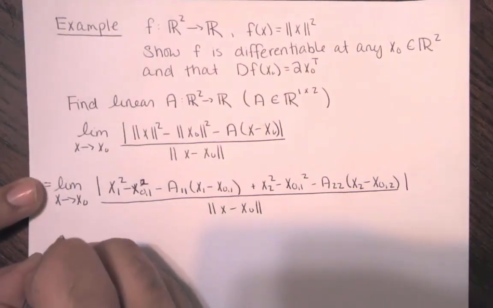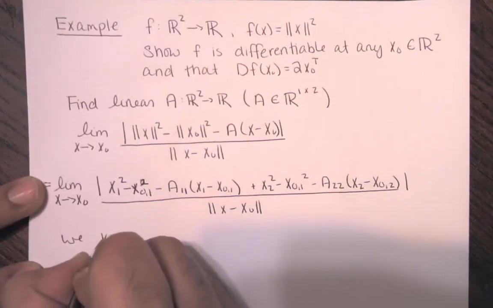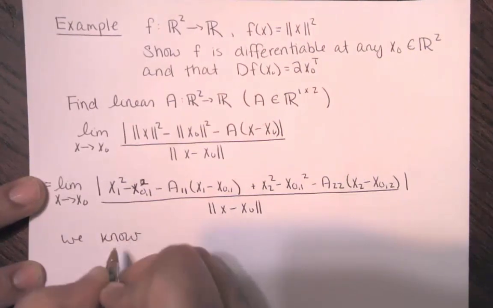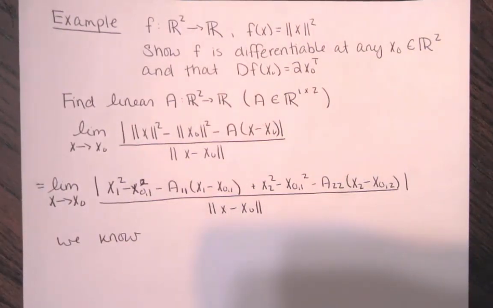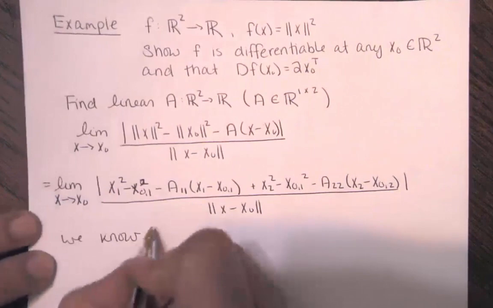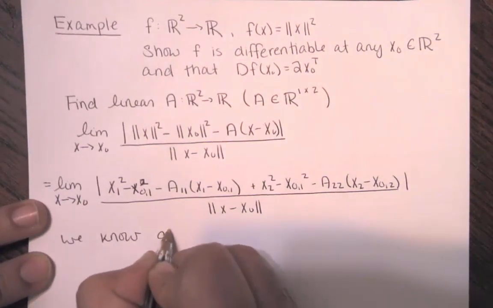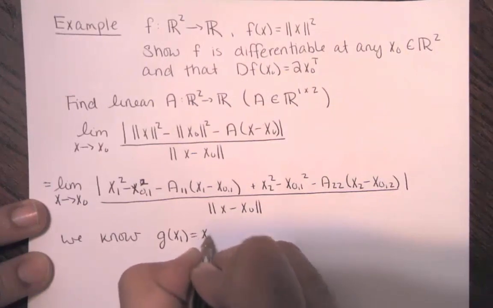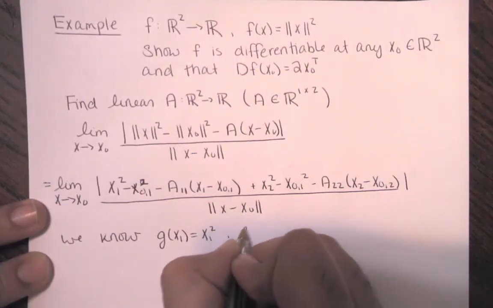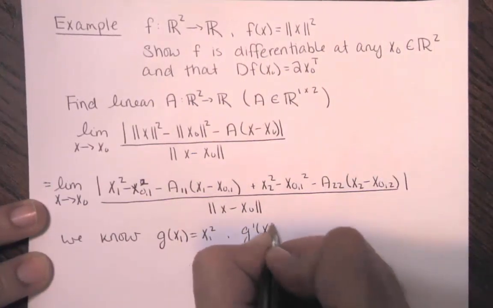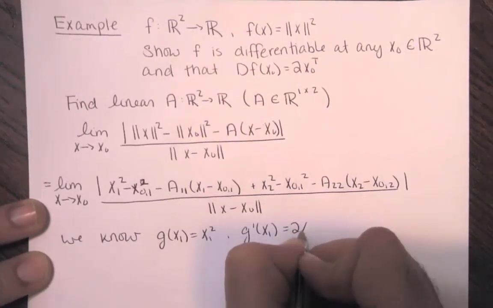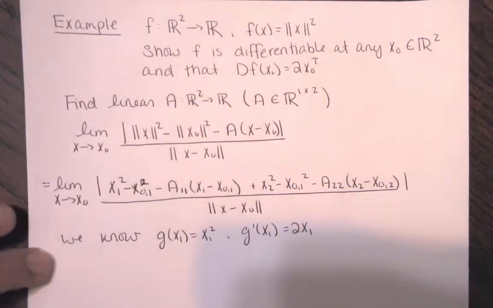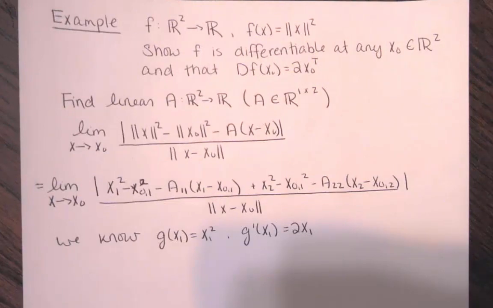Well, we know that if g of x1 equals x1 squared, then g prime of x1 equals 2x1.